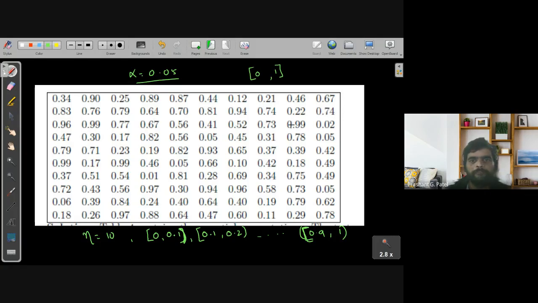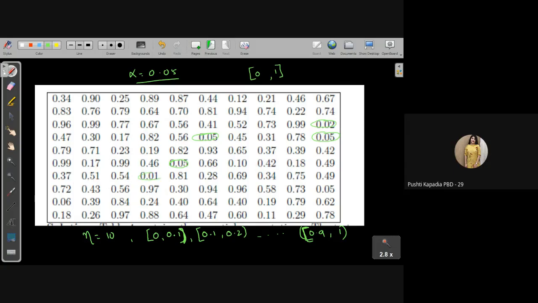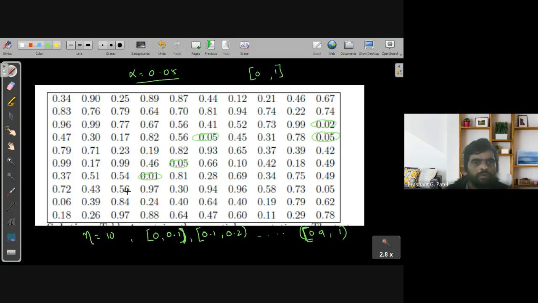In the third line, 1, 2, 3, 4, 5, 6, 7, 8. Altogether 7 is there. Yeah, 1, 2, 3, 4, 5, 6, 7. Anything left? No.